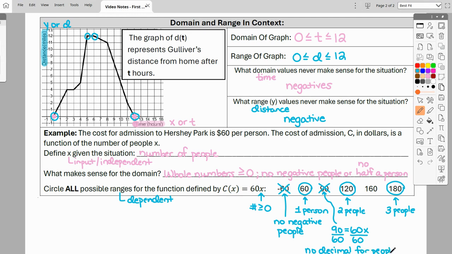We need a whole person. That's also going to be the case when I set up 160 equals 60x. When I divide each side by 60, do that in the calculator, you do get a decimal. And we cannot have decimal for people there. So that's going to apply to both of these.